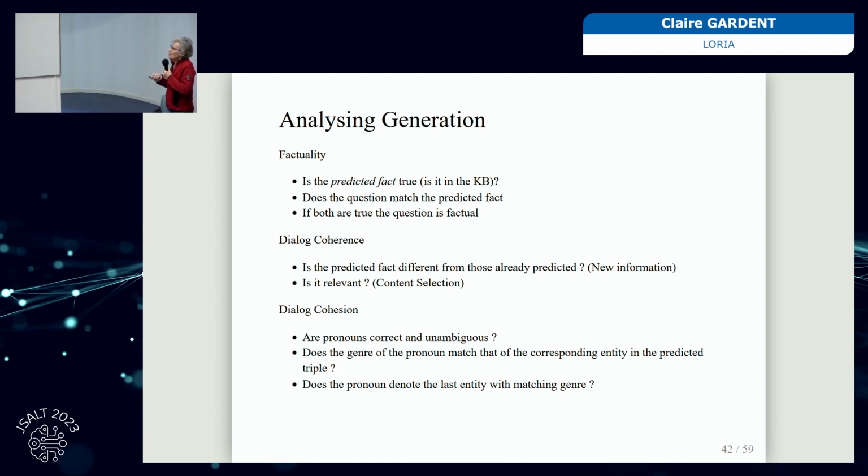So does it belong to a set of facts that is actually relevant for the current dialogue context? And finally, we can also look at dialogue cohesion, because the question is actually associated with a triple. So the pronouns can be associated with entities. We can check the genre of this entity and whether it matches the genre of the pronoun. And we can also check for ambiguity. I'll come back to this later.